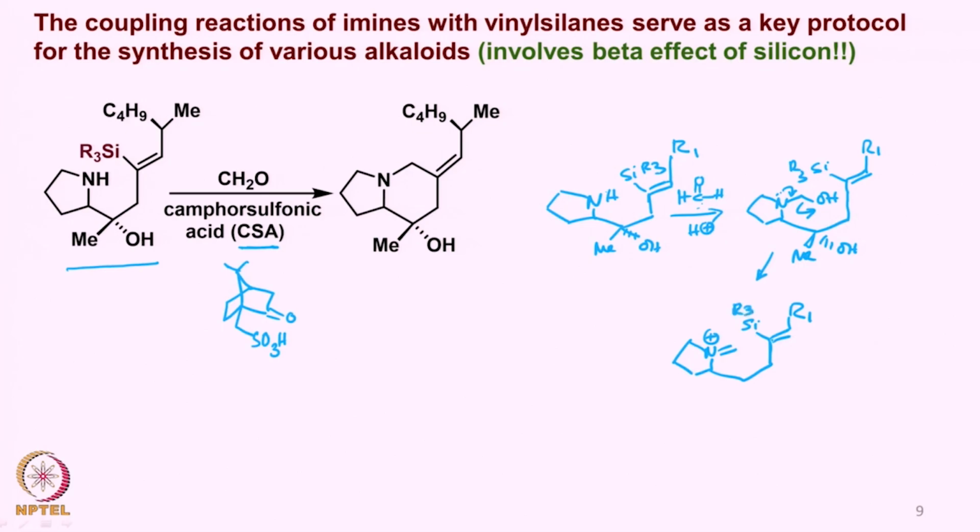R3 is this, it reacts in this way, and the positive charge is saturated, and here of course we have methyl and the OH here, and that cyclization allows the formation of the product to take place in this fashion. So once the carbon bond is formed, the double bond forms through the beta carbocation.